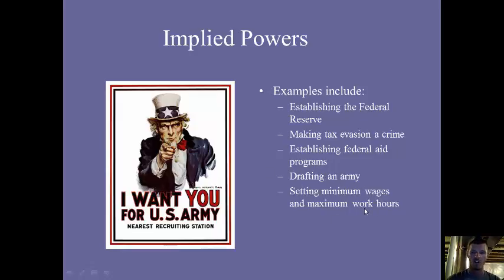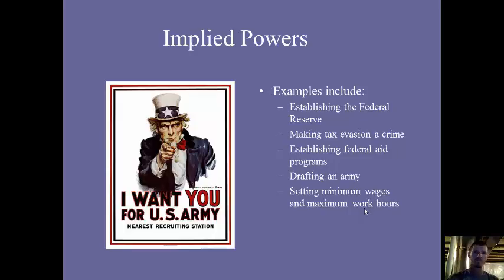Maximum work hours, usually 40 hours a week, is considered a full-time job. I'm not sure exactly what the maximum work hours are. Some people I know work 60 hours. Some people might work 80 hours a week. But if they ever come out and say no one can work over 40 hours a week, that's something that Congress can do. Again, these are implied.